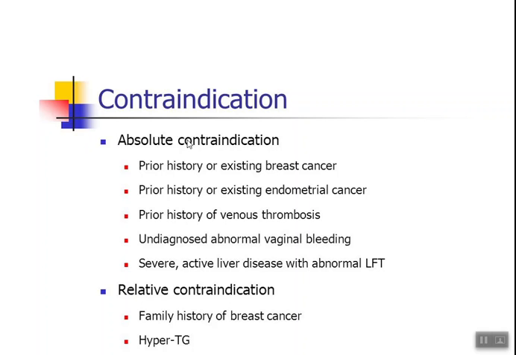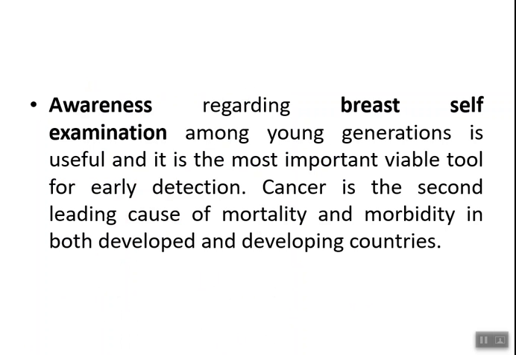Now the difference between absolute contraindication and relative contraindication. Absolute means the woman compulsorily doesn't need to do a breast self-examination, and relative means they can do it but with certain risk. It will help for awareness regarding breast self-examination among the young generation.